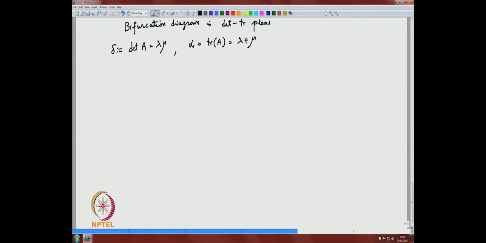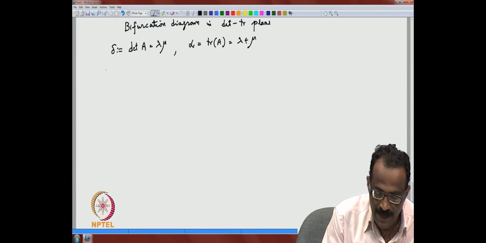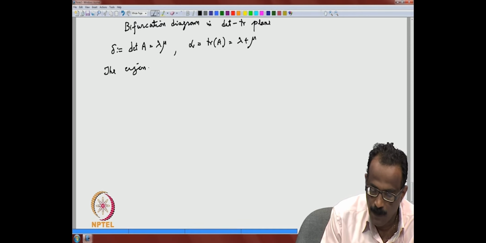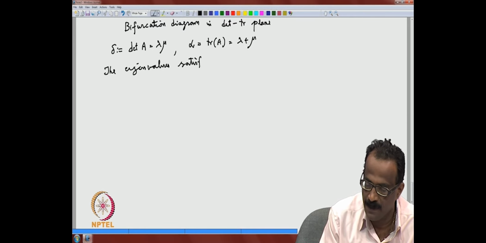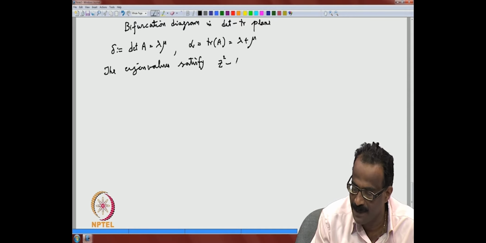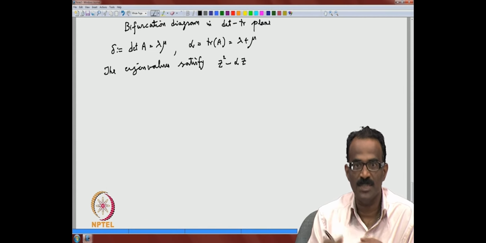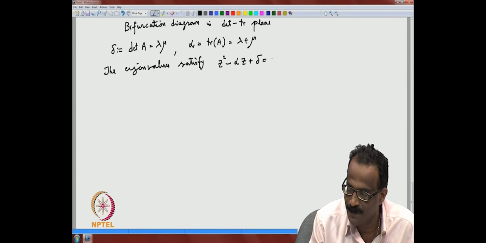Because this is the product and this is the sum, the eigenvalues satisfy the quadratic equation z square minus alpha z plus delta equal to 0, where alpha is the sum of the roots and delta is the product.